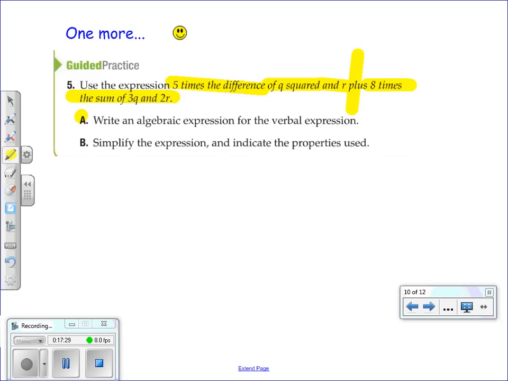Okay, so write the algebraic expression for the verbal expression and then simplify and indicate the properties that you use to do that. All right, good luck with that one. You can pause your video, work through it, get back with me in just a second.